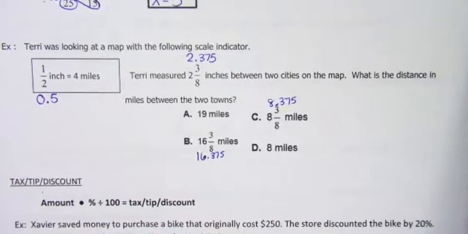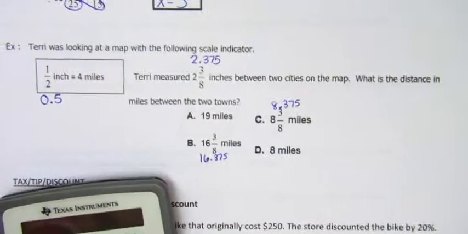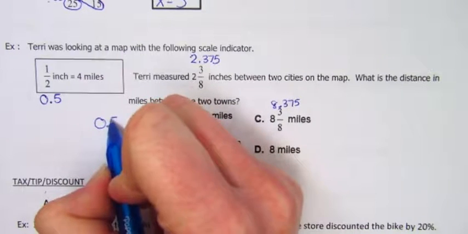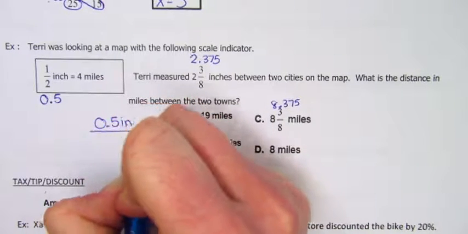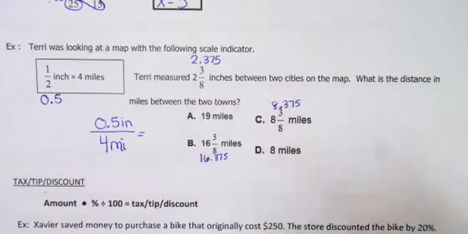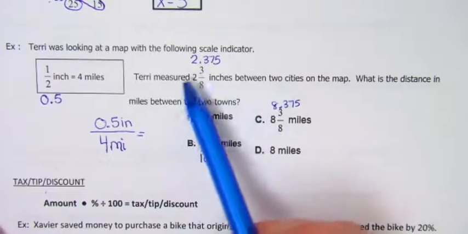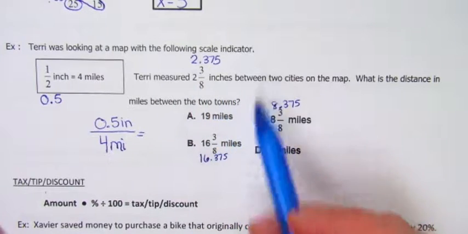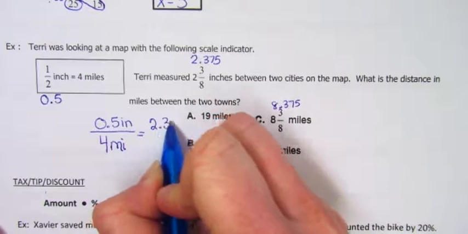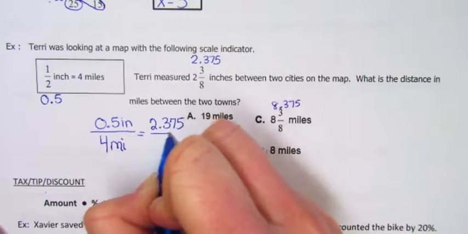So let's look at what is actually being compared. We have our 1/2 inch compared to the 4 miles. And if you remember, this was a non-negotiable. You had to label your things, and I expect on the SOL that you label as well. Then we read the information we know. We know that Terry measured 2 3/8 inches, so I'm going to put that up here, and we've already turned it into a decimal, so it's in a form that we're more comfortable with.